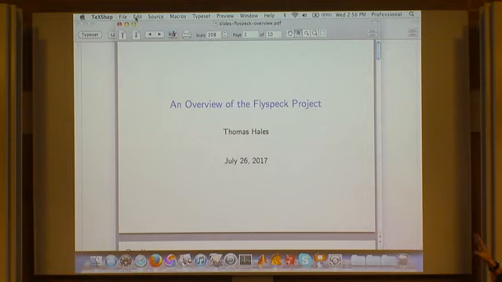And he wrote a review of this book for the Bulletin of the American Mathematical Society. It's positive, except he still treated the theorem as unproved. This was after Flyspeck was done, and since the paper had not been published, he still treated it as a conjecture.